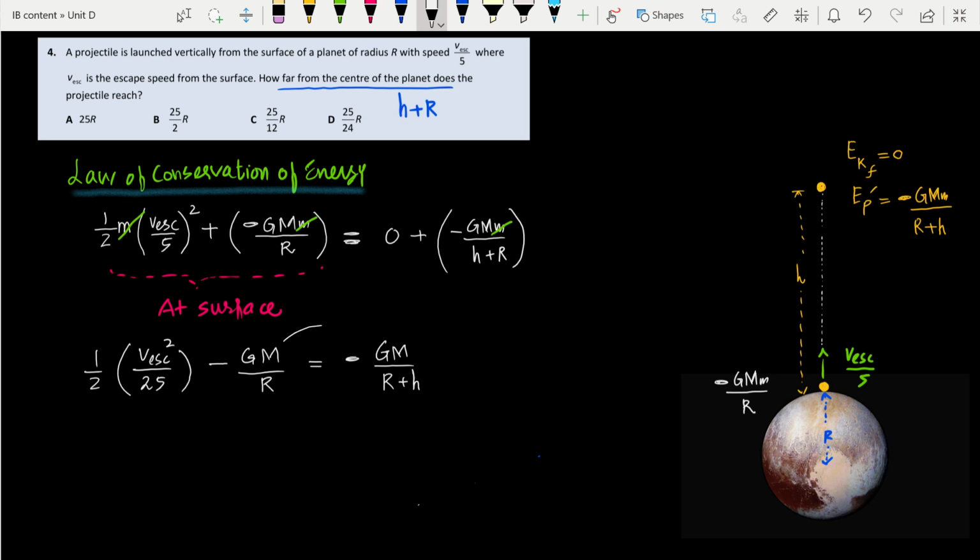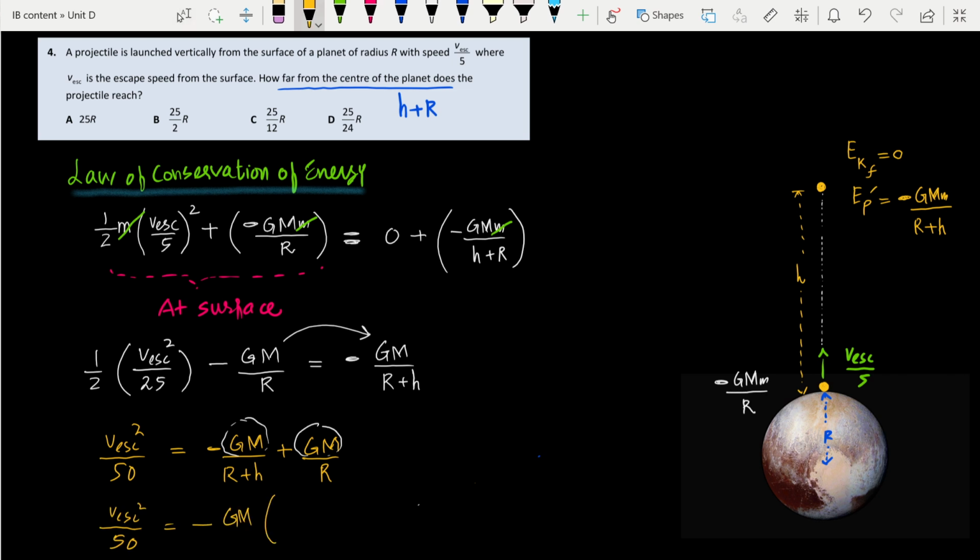You can take this to the other side: 1 over 2 times v escape squared over 25 is equal to negative GM over R plus h plus GM over R. Now you can guess what we need to take common from here: negative GM. Inside we have 1 over R plus h minus 1 over R.